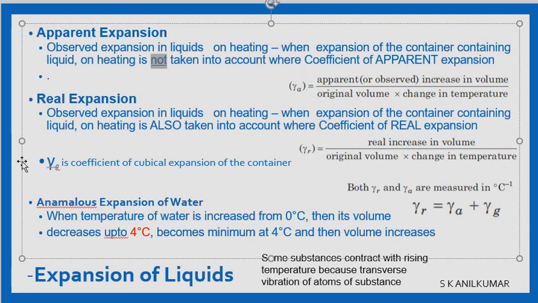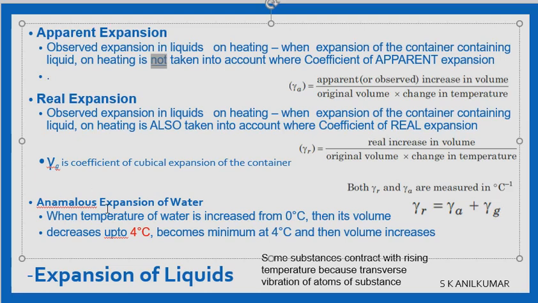This is the coefficient of cubical expansion, gamma R and gamma A, measured in per degree centigrade. The formula is gamma R equals gamma A plus gamma G. R is the real, A is the apparent, and G is the expansion due to the container.